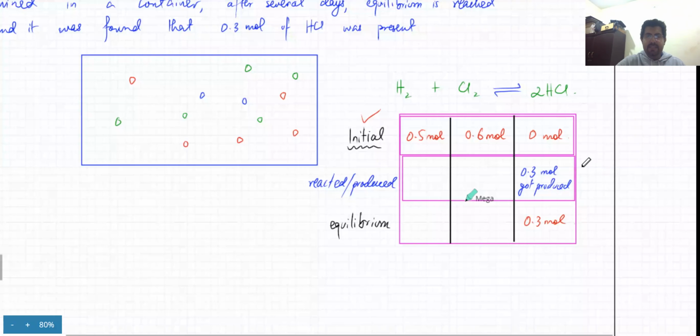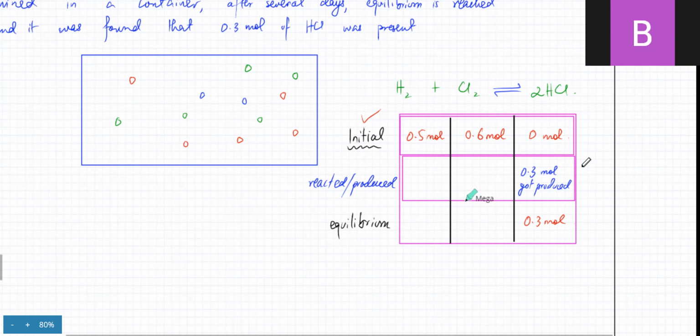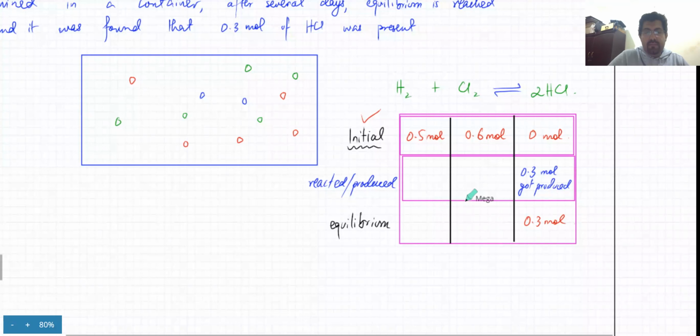And so far, is this clear? Yes. Now if 0.3 moles are getting produced, that means some amount of H2 and some amount of Cl2 must have reacted. So use ratios. We know that 0.3 moles got produced.